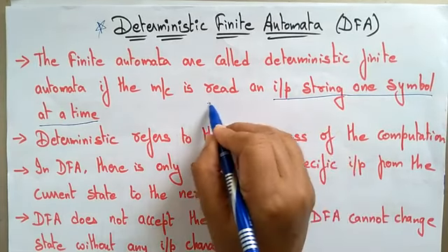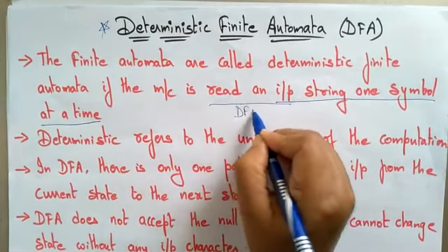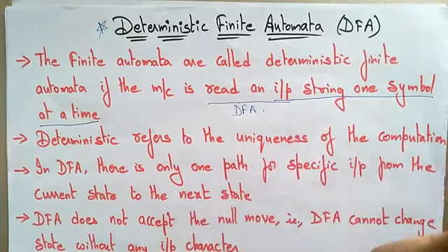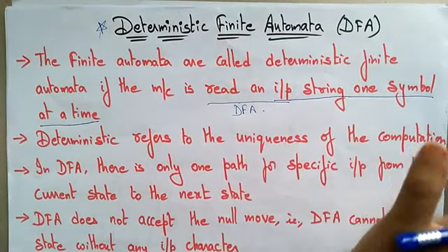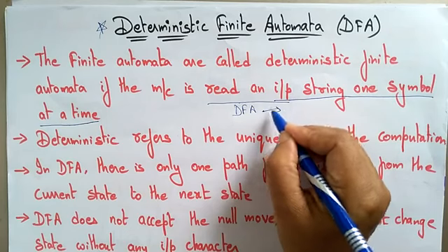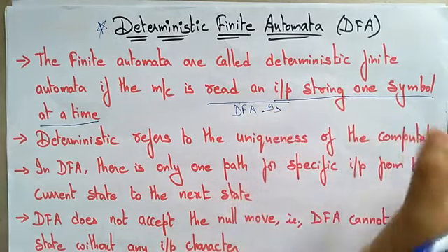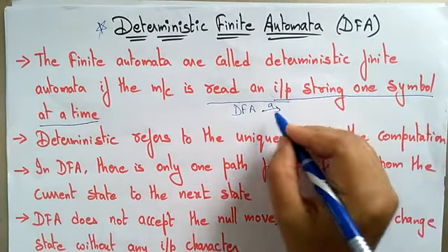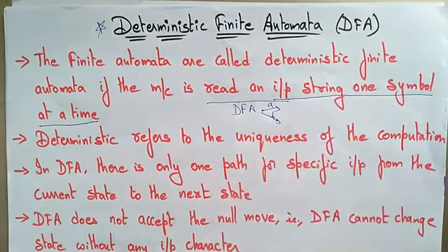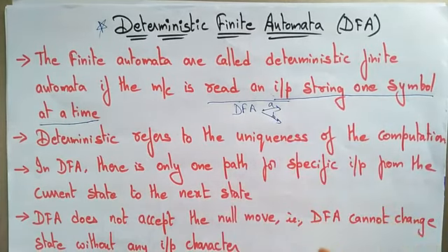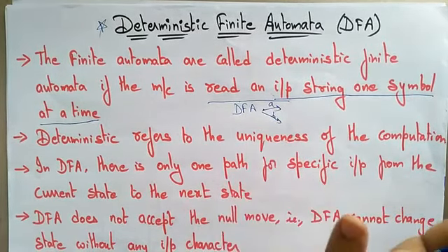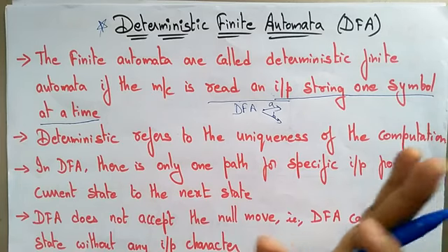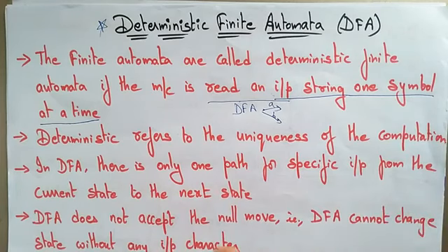Here DFA is going to read the input string one symbol at a time. Suppose if it is reading A, it will read only A, and if B, it can read only one symbol B at a time.